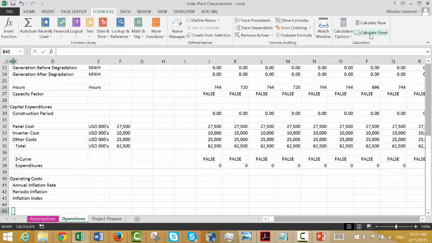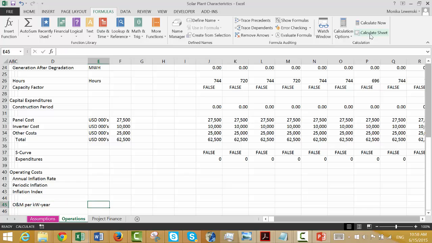And then we'll put O and M per KW per year. USD per KW.